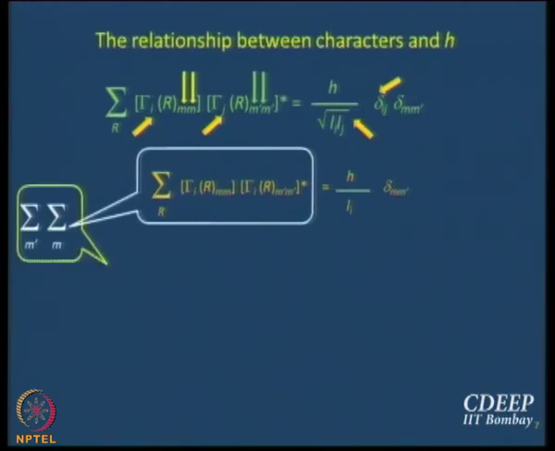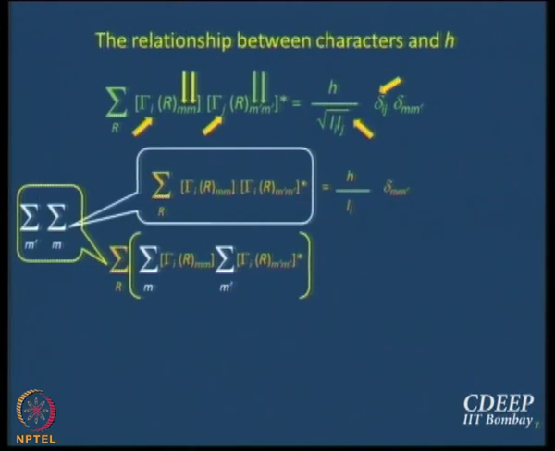So if I want to do that, then it makes sense for me to write it like this. Take the sum over R outside, because what do you have here? You have these two quantities, right? One is in mm, the other is in m dashed, and you are summing once over m, once over m dashed. So if I just take the sum over R outside, then I can write it like this: sum over m gamma i R mm multiplied by sum over m dashed gamma i R m dash star.